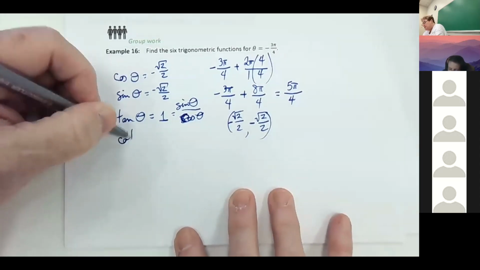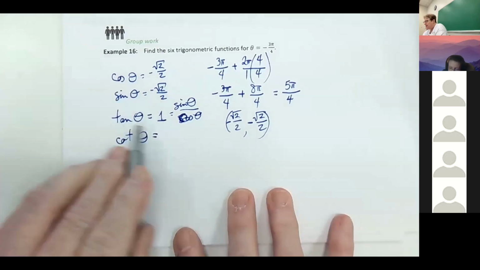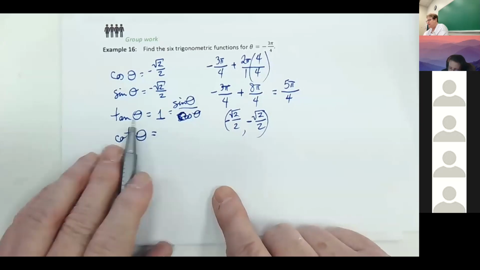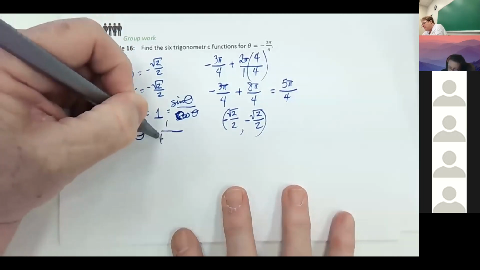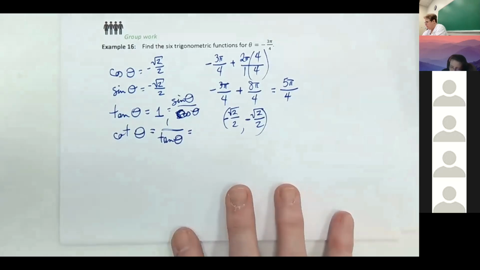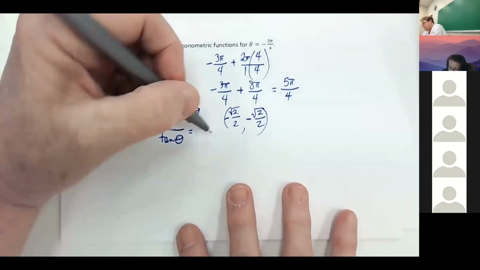The cotangent, if you already have tangent, it's easiest just to find the reciprocal of tangent. What is the reciprocal of 1? Good.